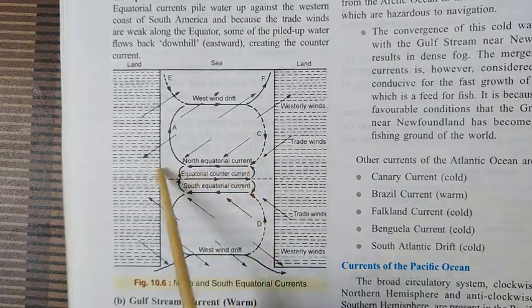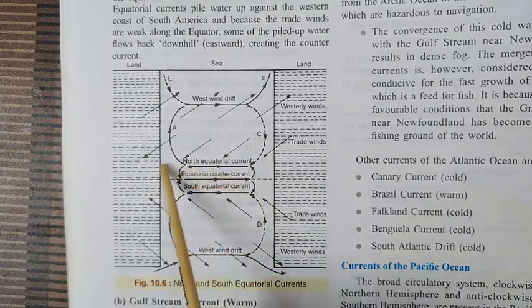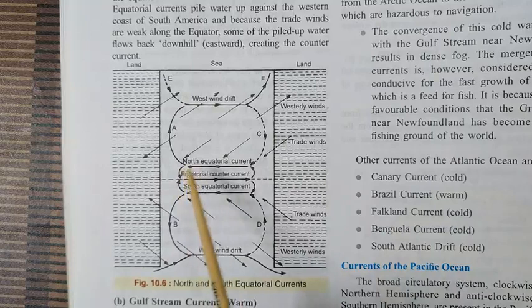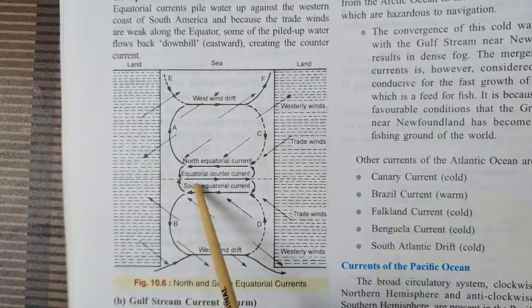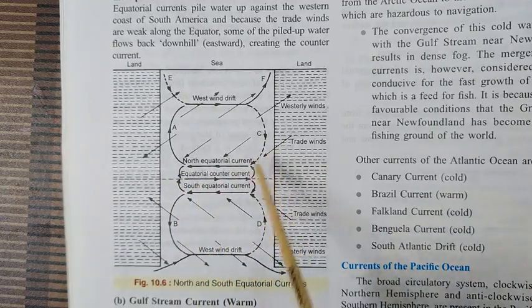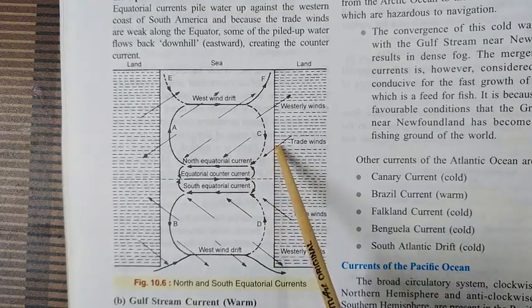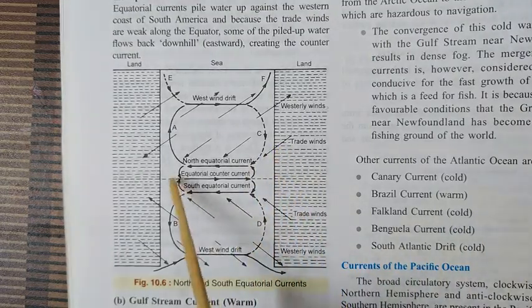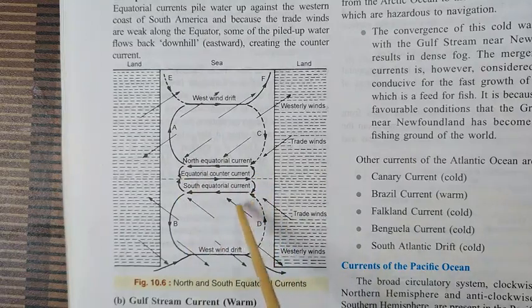Now what happens here is there is a continent, so with the coastline of the continent, they get diverted to the equator. But on the equator, these trade winds become very weak. At the same time, on the equator the Coriolis force also becomes nil.